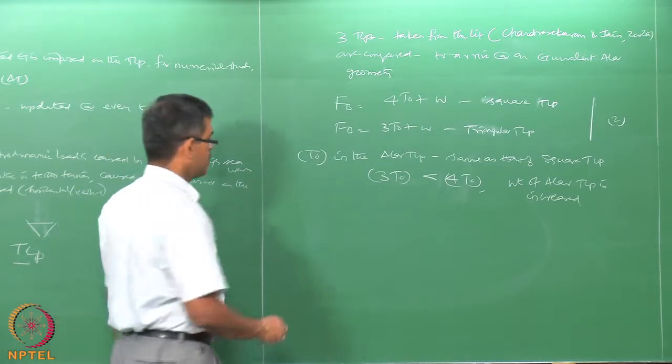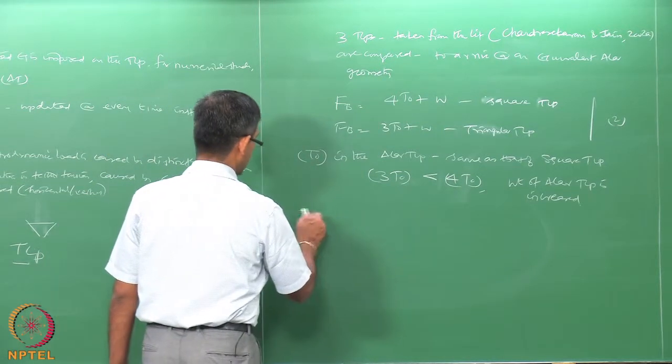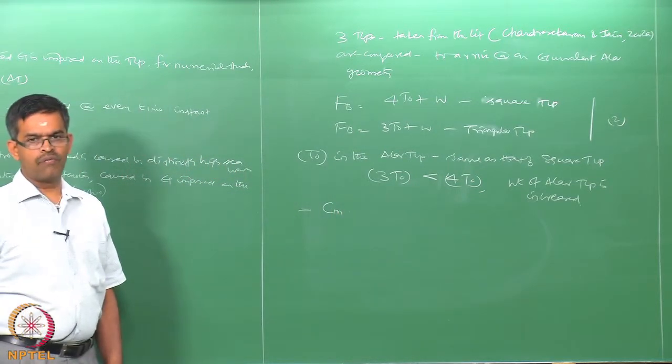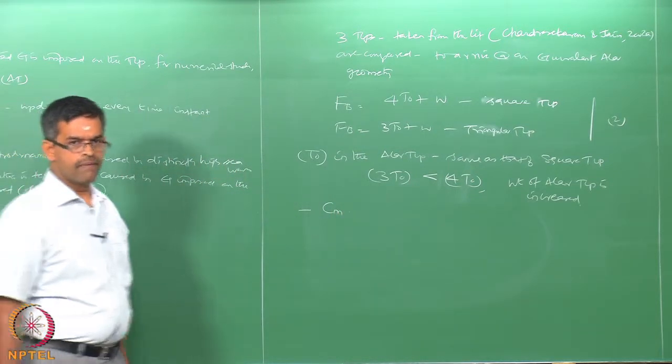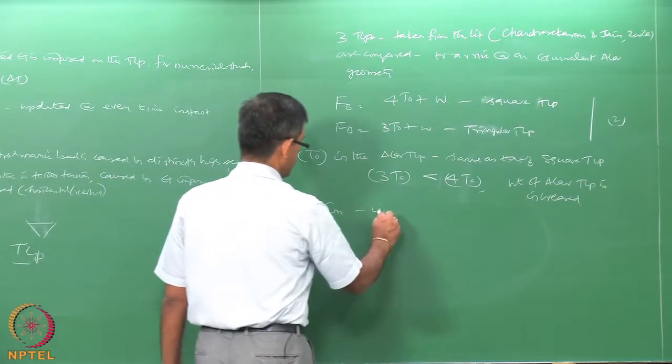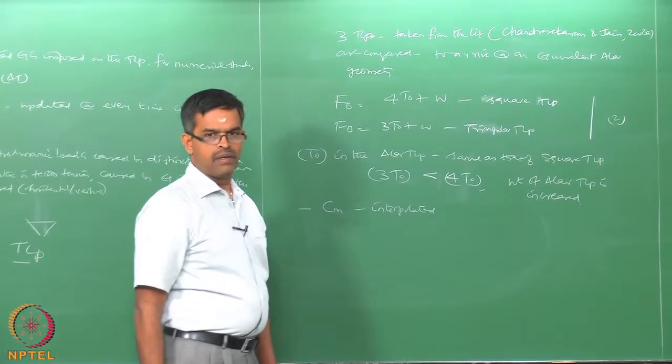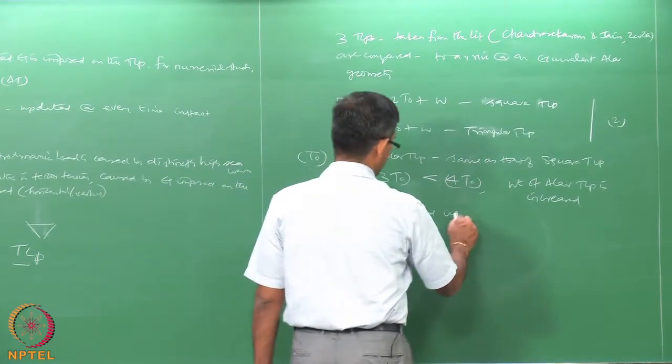So, now the second variation is going to be the coefficient of inertia, Cm. This is interpolated using a second degree polynomial.